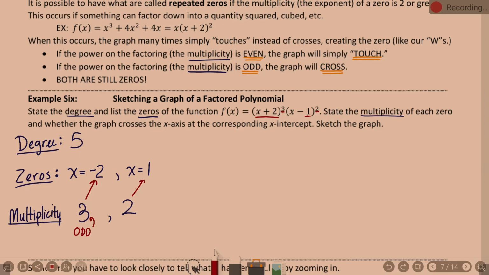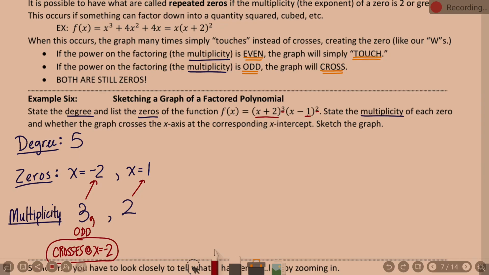According to the rules, if the power is odd, the graph will cross the x-axis. So this graph, we know it's going to cross. Where is it going to cross? X equals -2. Good. We're going to cross at x equals -2.